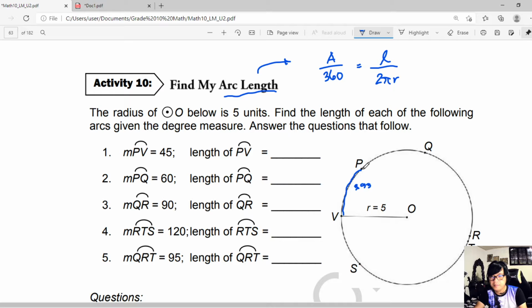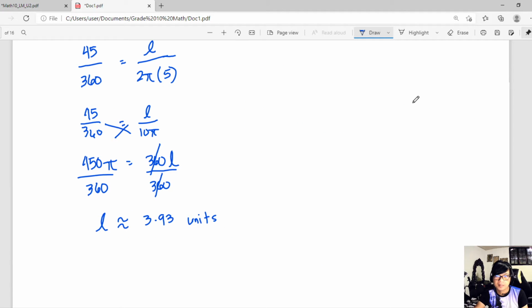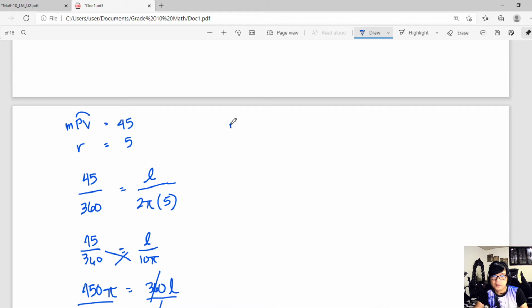Next one is arc PQ. Arc PQ is 60. Let's find the arc length of this. The measure of arc PQ is equal to 60. The same radius, which is 5. And this is 60 over 360 is equal to arc length over 2 pi times 5.